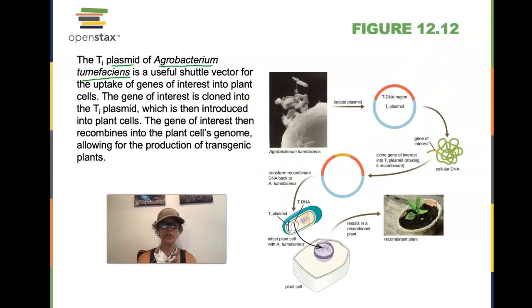In agriculture, there is a lot of recombinant DNA technology. This is where the term GMO comes from. GMO stands for genetically modified organism. And there are lots of ways to do genetic modification.